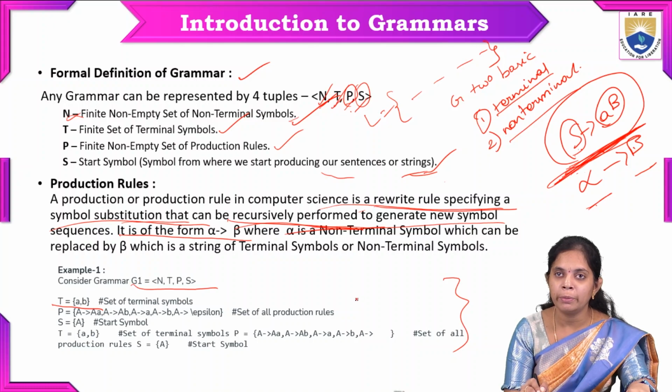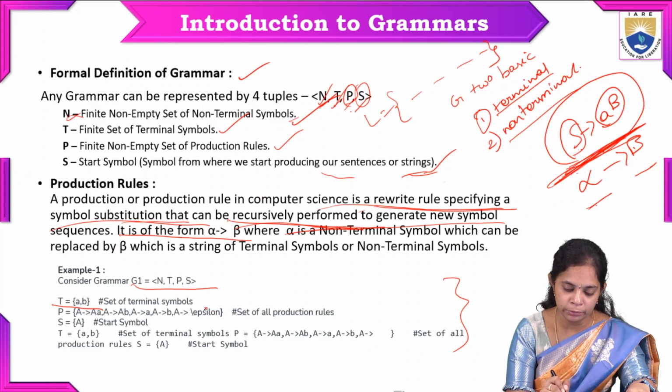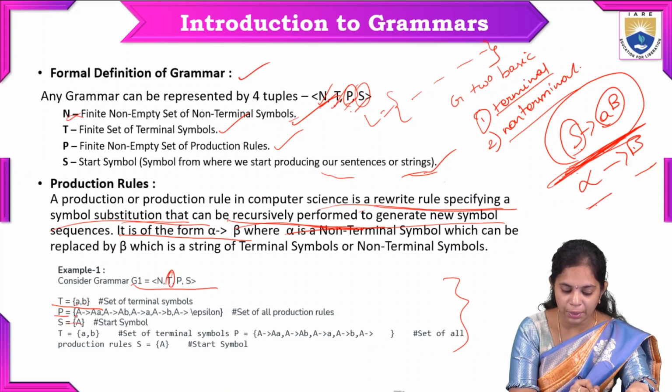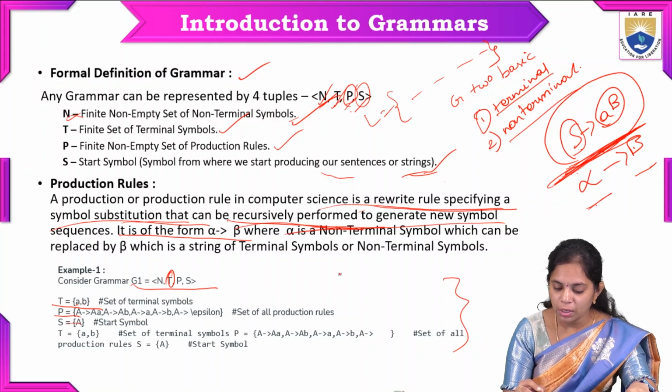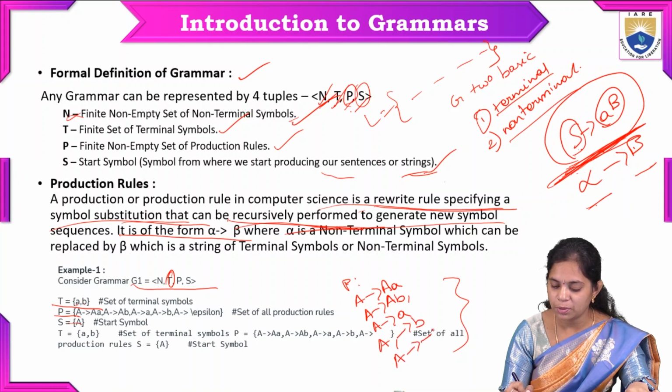T is nothing but the terminal symbols. Here we represent the terminal symbols with a and b, and P for production. The productions are A tends to capital A, small a, and again A tends to A, b, and A tends to a, and A tends to b, and A tends to epsilon.